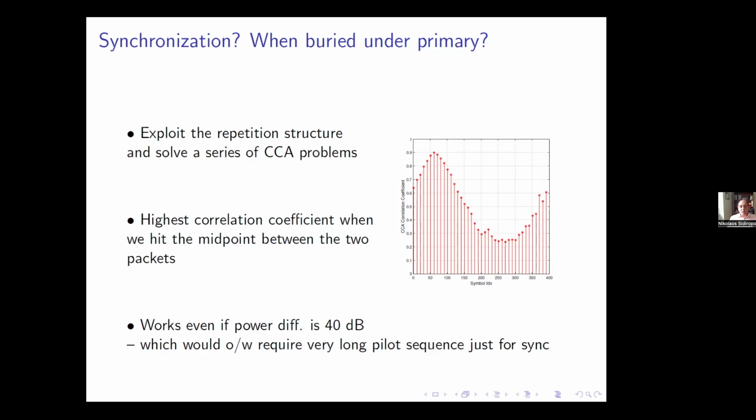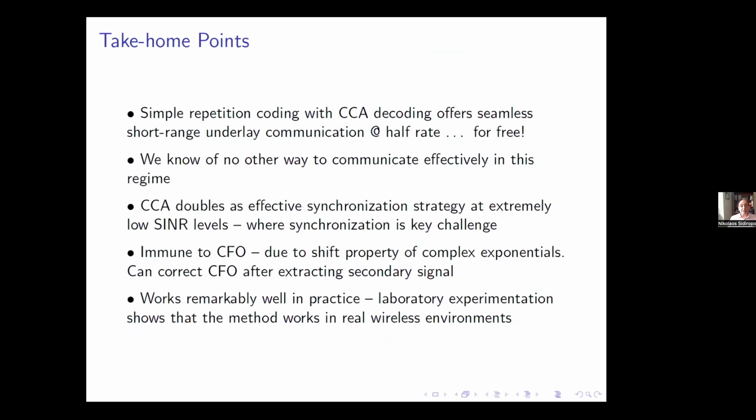It turns out, beautifully and fortuitously, that you can exploit the same repetition structure that we use to decode the common subspace. You can solve a series of canonical correlation problems, and that essentially tells you the right timing. So it allows you to do timing synchronization in this very challenging regime. It works even when the power difference is 40 dB, which would otherwise require hundreds of thousands of symbols for synchronization. So that's really nice.